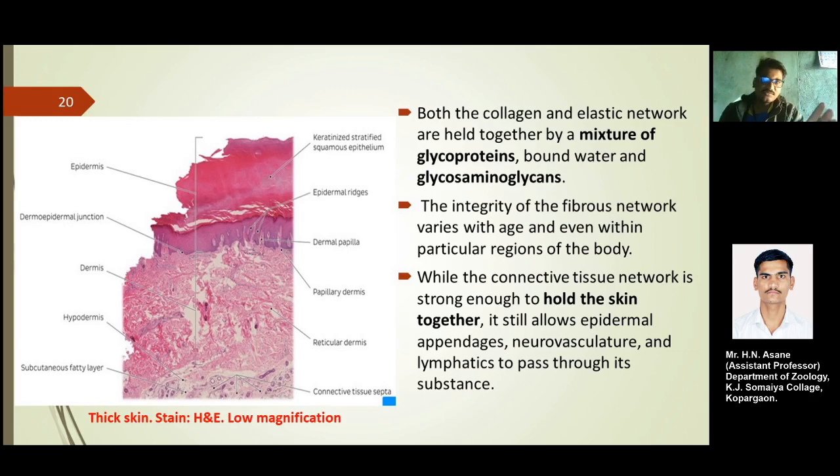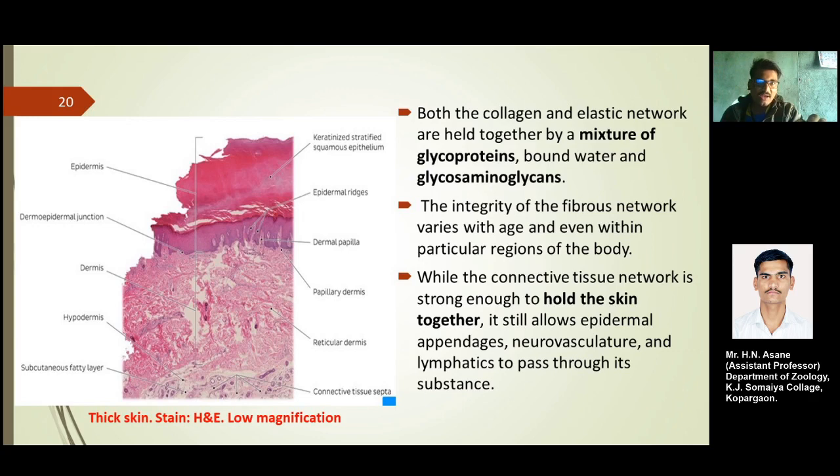The dermal ridges mean what? As with the epidermal ridges, the dermis regions invade into the epidermis and form crests into the epidermis region, and all of these are known as the dermal papillae.